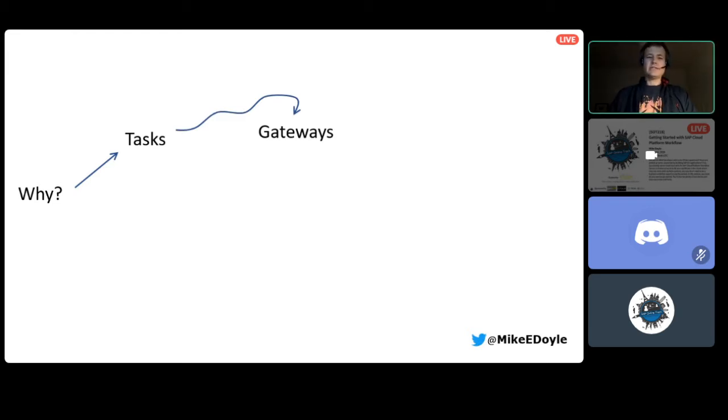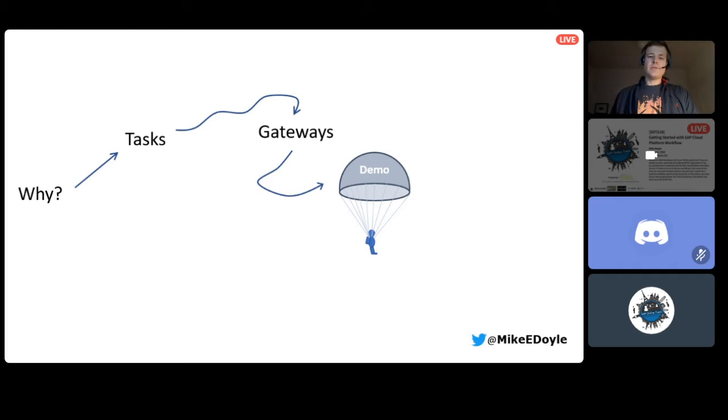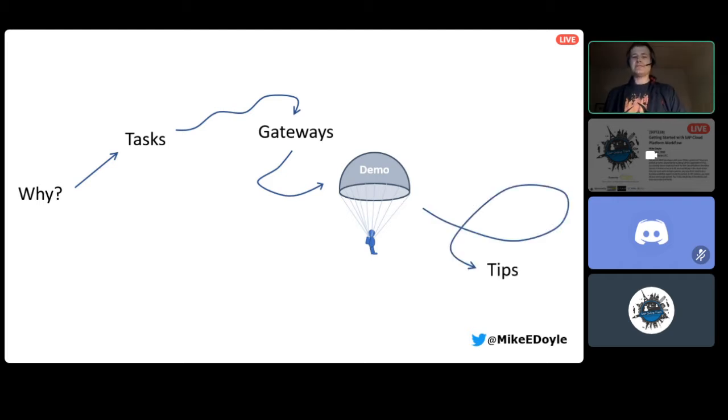Don't worry about those for the moment. I'll explain what it all means. Then we'll go for a demo. And then finally, we'll go through some tips, some things that might save you a bit of time when you start developing your own workflows. Okay, so let's get started.